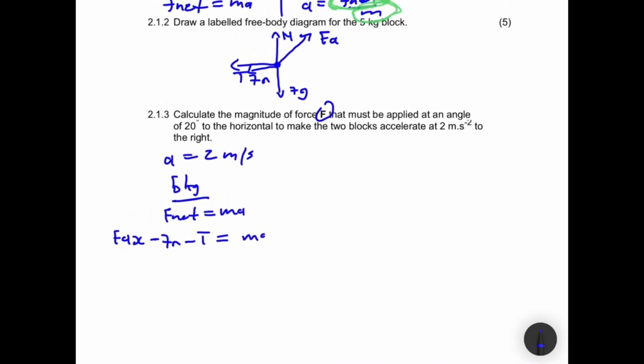So what is Fax? Fax will be the force applied multiplied by cos of 20 degrees. We know fully well that if you want to find the x component, you take cos of the angle, and if you want to find the y component, you take sine of the angle, assuming that you are on a flat surface, right? And then minus frictional force.